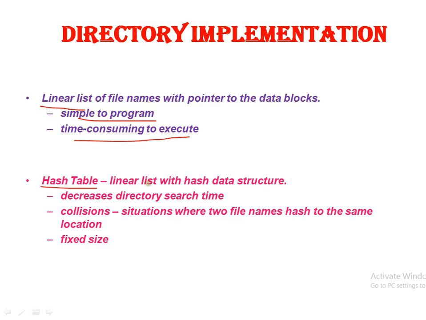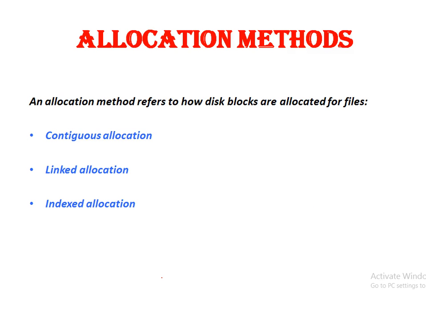Whereas with a hash table, a linear list with a hash data structure, the directory search time decreases, but collisions can occur, which are situations where two file names hash to the same file location, and a fixed size is also used.